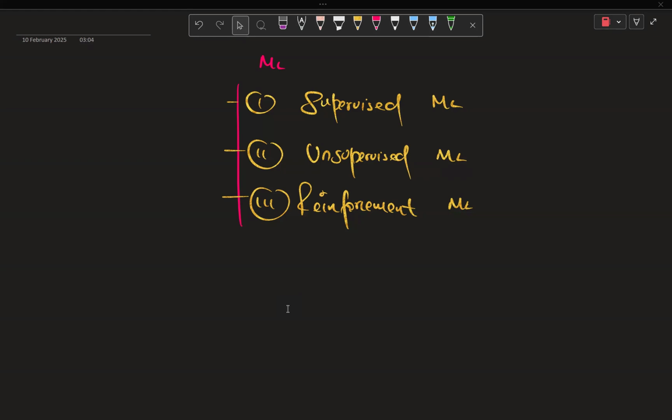And in reinforcement, the agent interacts with the environment and gets the feedback.